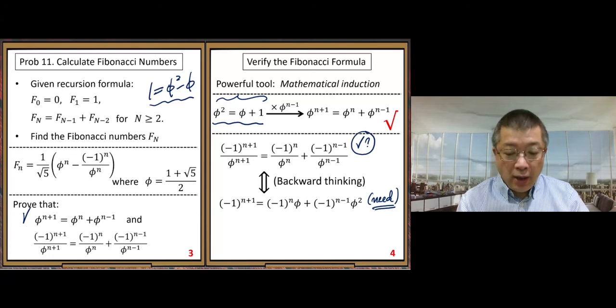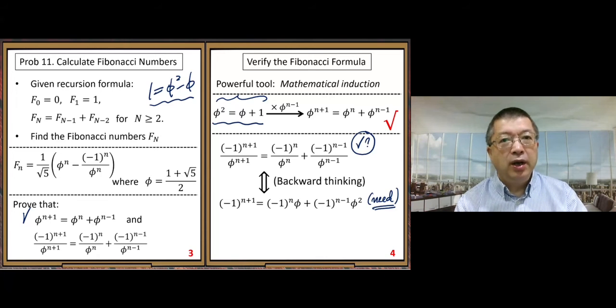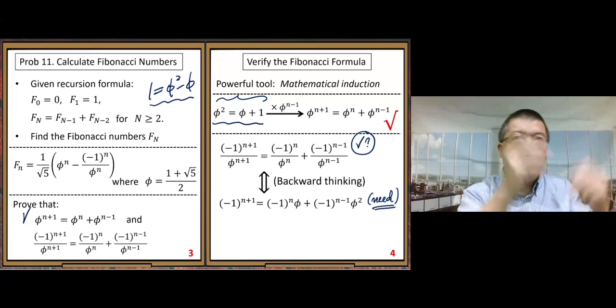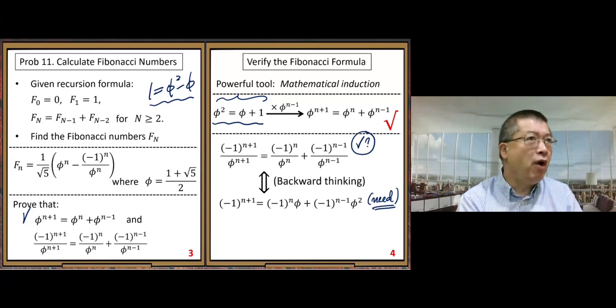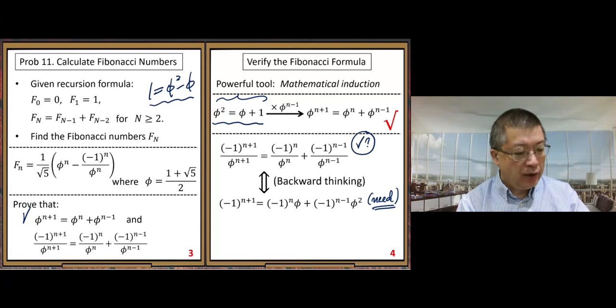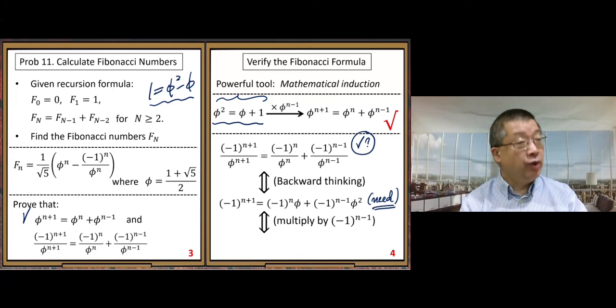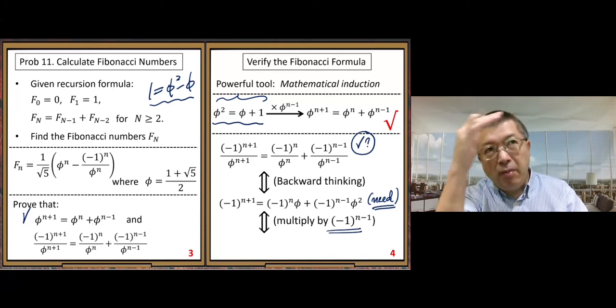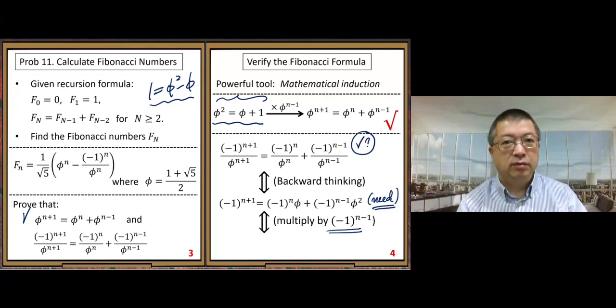Another step of backward thinking. In order to make this current equality true, we want to simplify because we want to remove those -1 to a certain power. That structure is pretty annoying. We want to remove that part. So how to remove it? Multiply by -1 to the n-1 power.